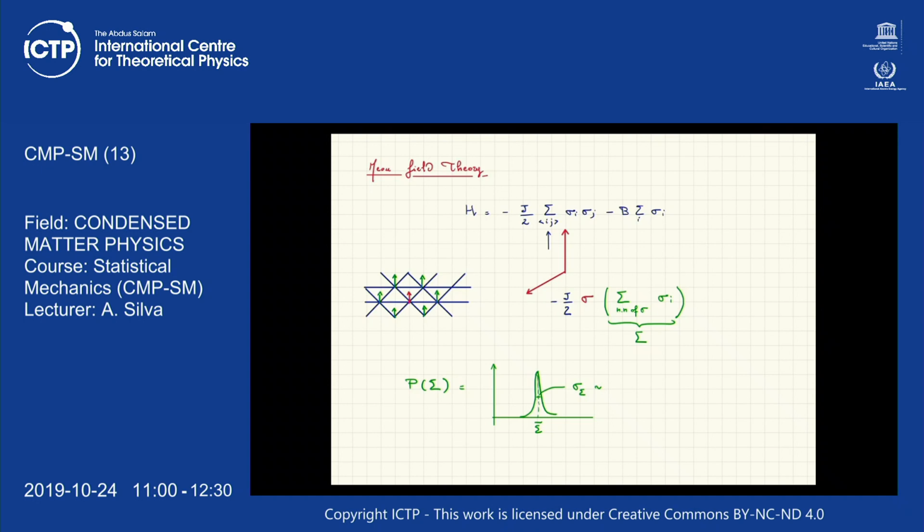The standard deviation, which is the width, will scale like the square root of the number of nearest neighbors, which is known as the coordination number, and typically for the coordination number of a lattice, you use the letter z, little z. Okay?